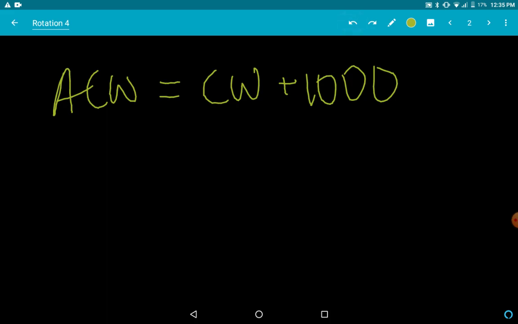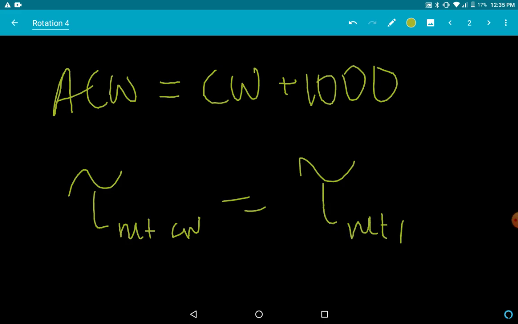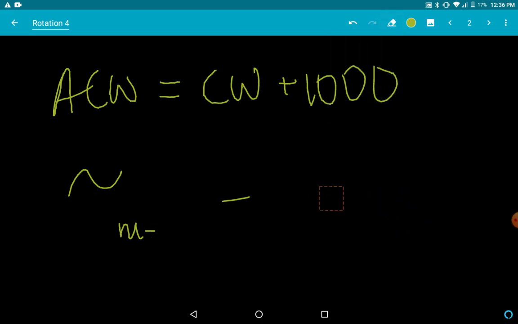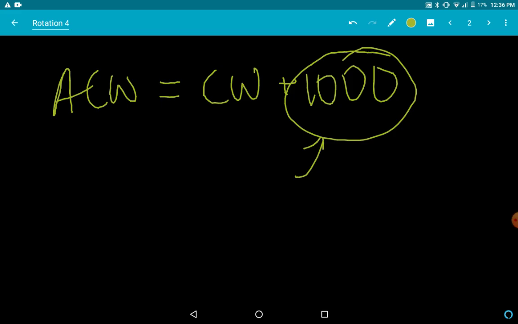So now we remember the principle of moments. We remember tau net clockwise was equal to tau net anti-clockwise. Remember this? Going to apply the same thing here. Now see, if this is the total anti-clockwise moment, then whatever the extra clockwise moment is, it is this 1000.